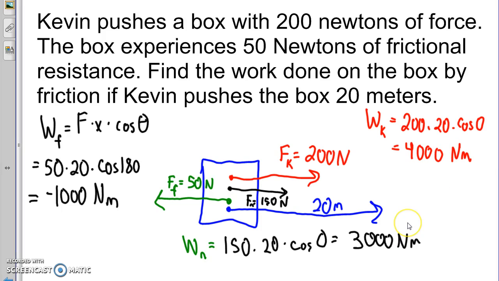But if I come back later and I'm Kevin's boss, I say, Kevin, I thought you did 4,000 units of work. I only see 3,000 newtons of work. You get my point. He attempted this, and this is how much he actually put out. This is how much was lost because of friction. So I think that's where I'm going to stop the video. That's kind of the idea.